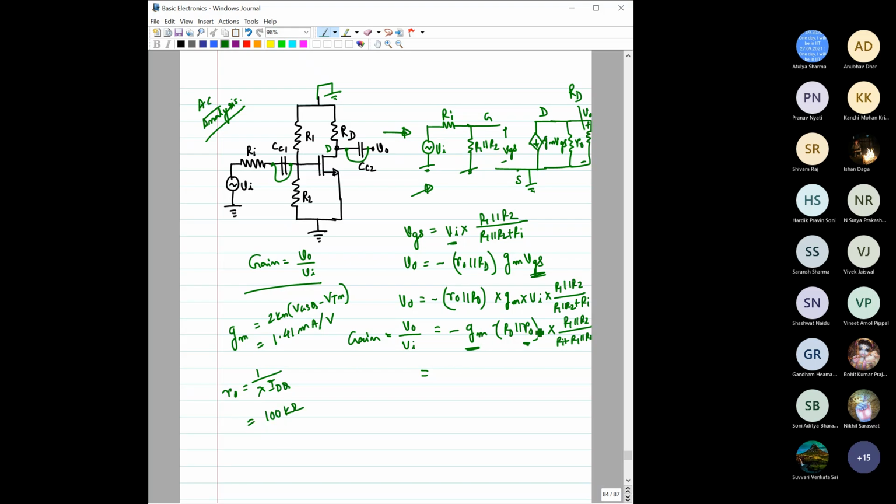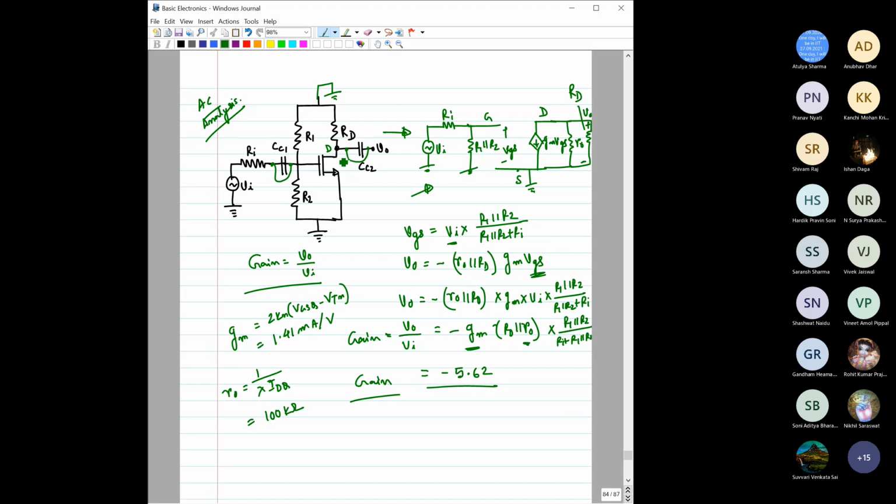Now in this expression, all the terms you know. Substitute all the values here and you will be able to find the numerical value of this gain. If you calculate it, the gain will come out as minus 5.62.